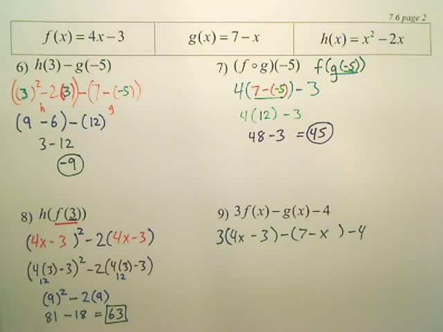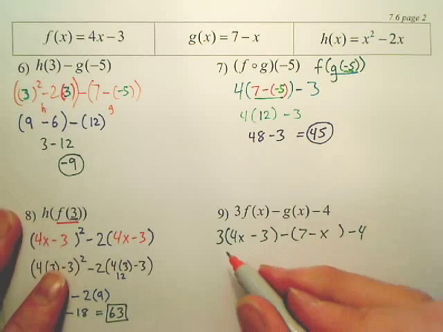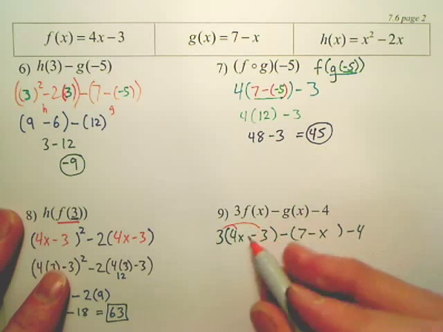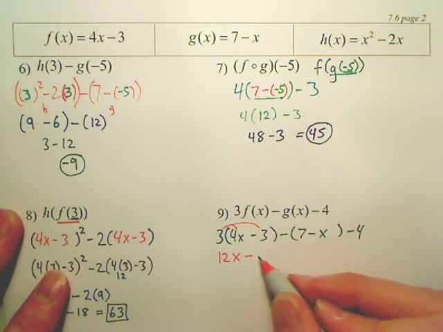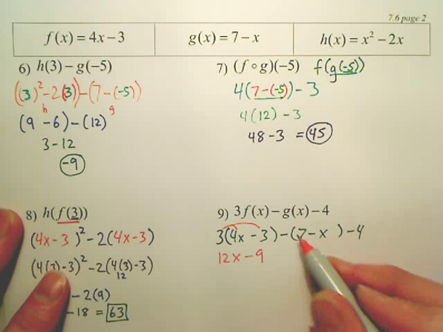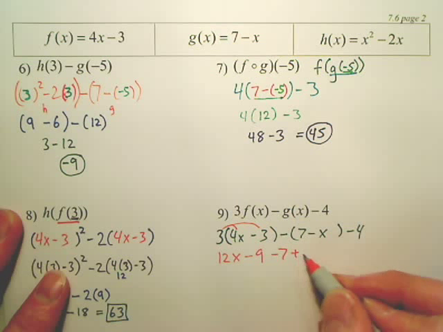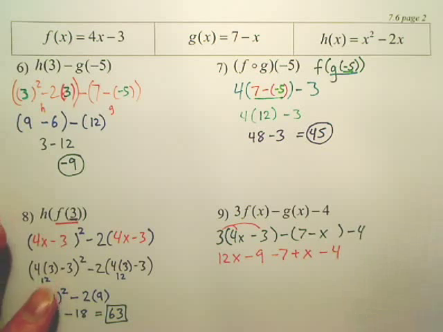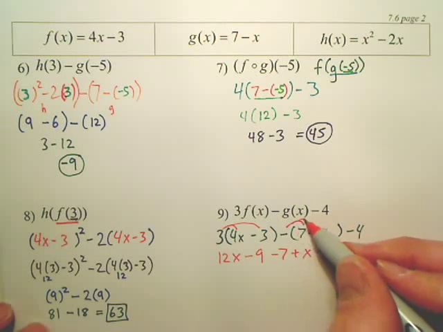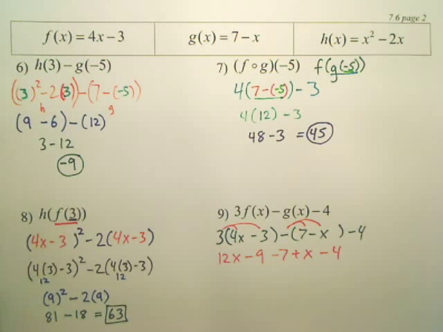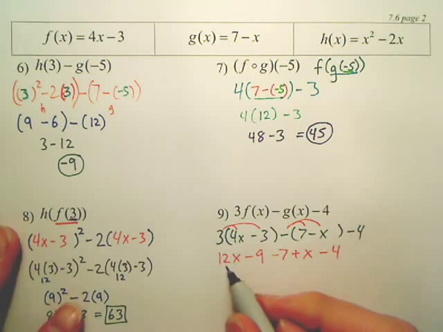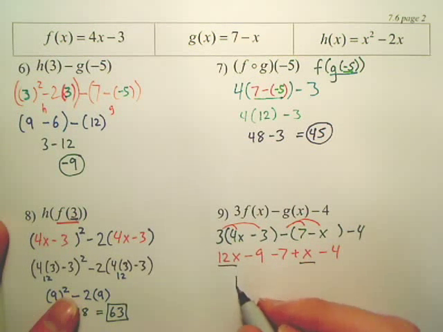Can you simplify this? Yeah. Let's distribute this. 12x minus 9. Can I distribute the negative? If I distribute, think of this as a negative 1, this becomes a negative 7 plus x. It's like distributing the negative. Let's see, x's. When you combine these, you get 13x.